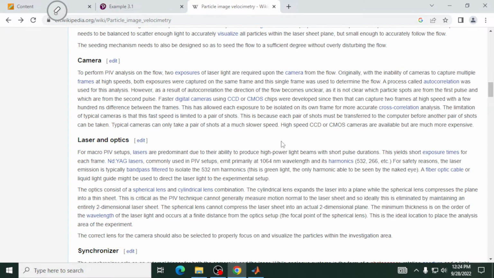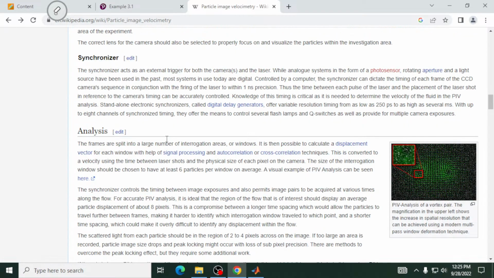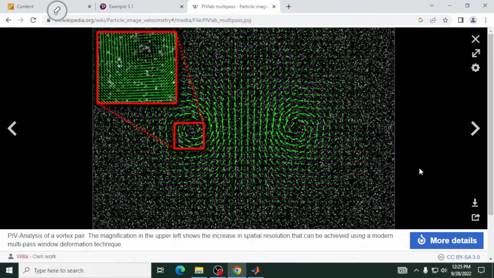And then you have to have a real high-speed camera, and a laser that will produce a sheet. So what you see, the green arrows are put on top of it, and the little white dots are the particles.